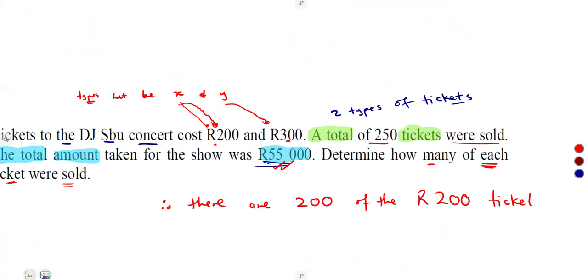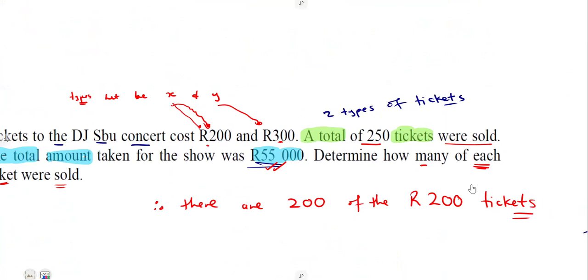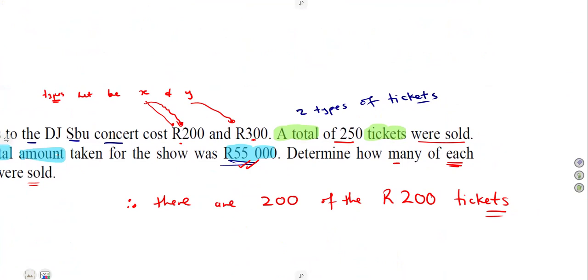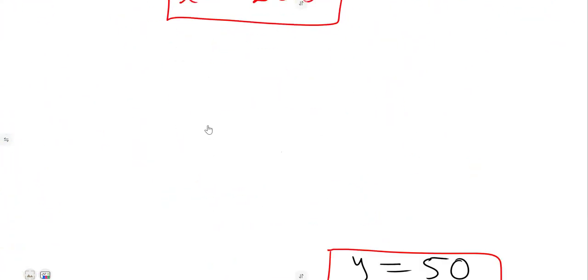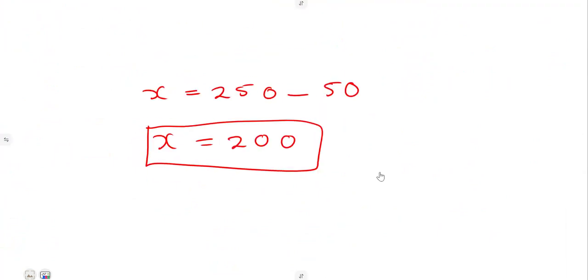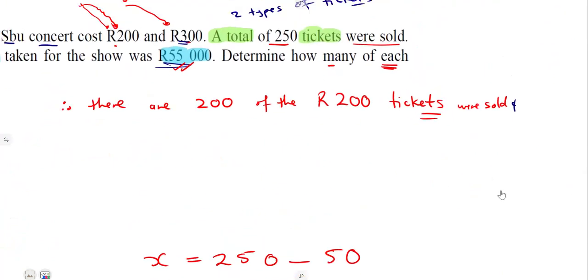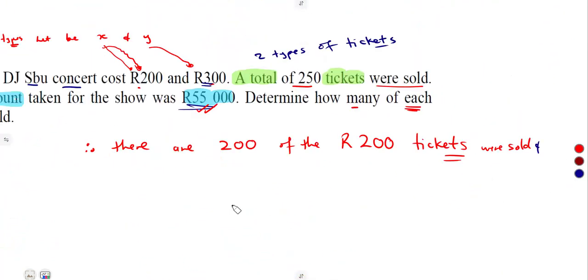So this is what we have that were sold. And y represents the 300 rand ticket.